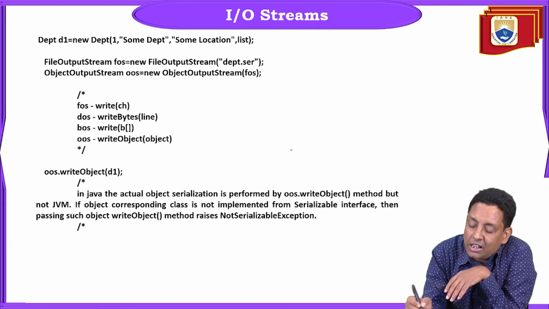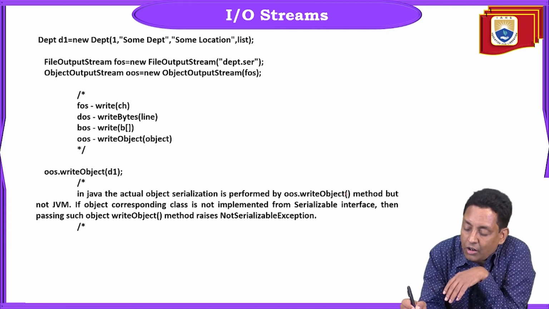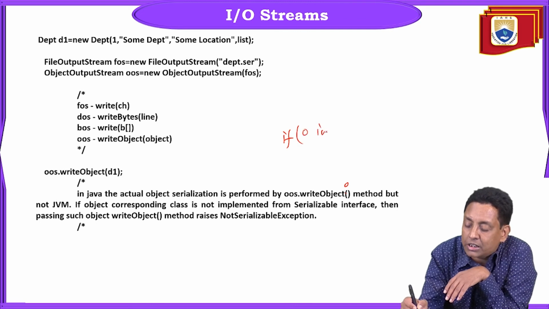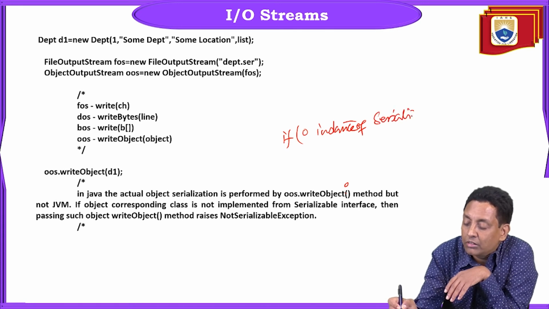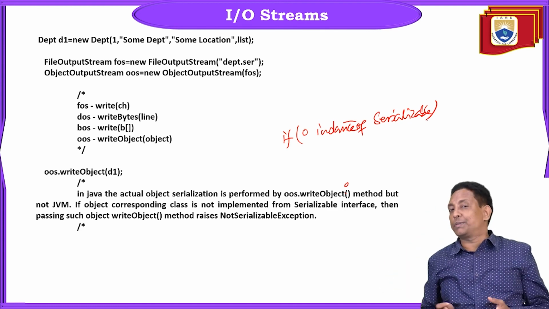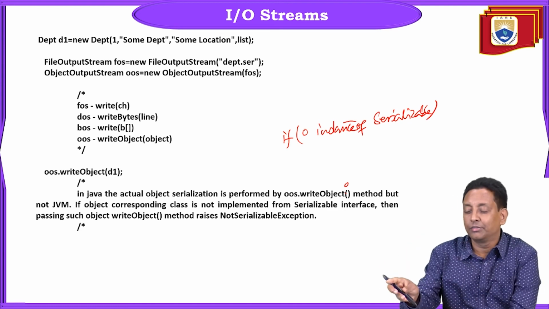This method will internally check whether each object is an instance of Serializable or not. But many faculty think that object serialization is performed by the JVM. Absolutely wrong.